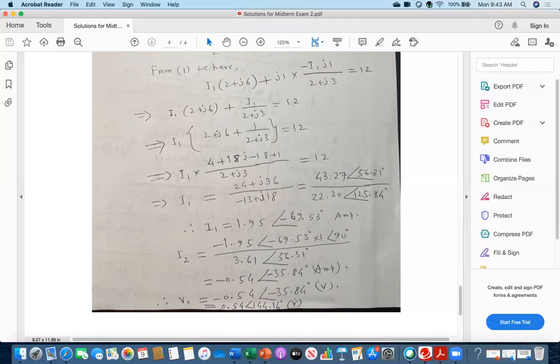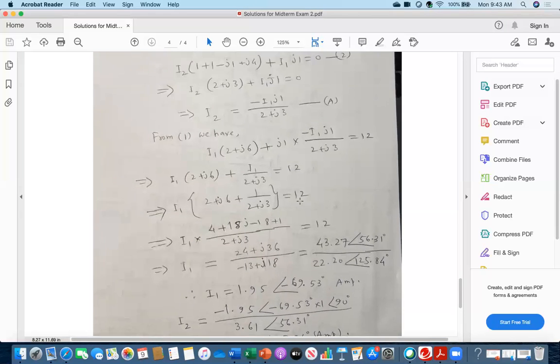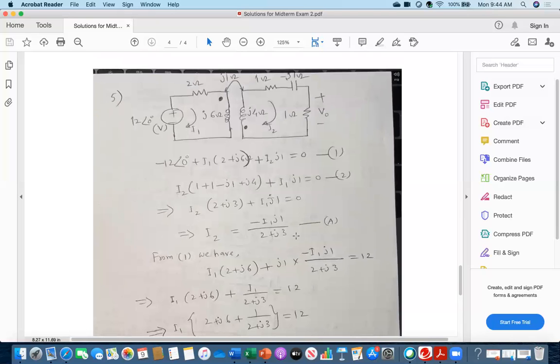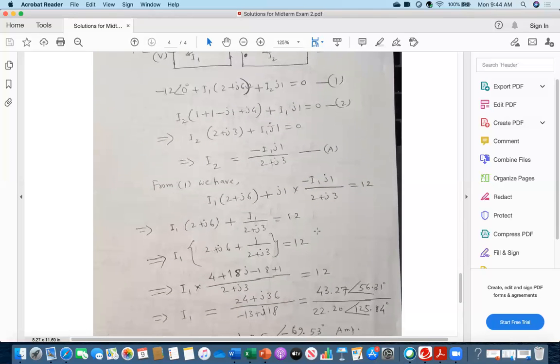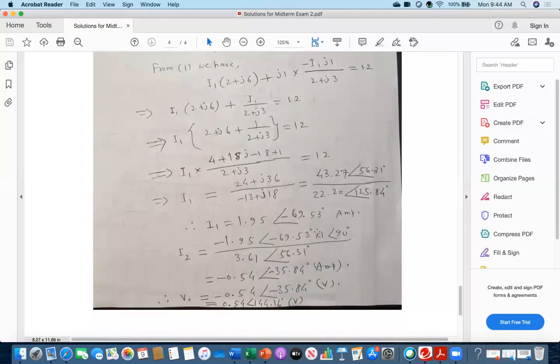Did you all get this result, this number? V0 final value 0.54 angle 44.16 degree volt. Is everybody fine with this one? I just got the angle for the current one, and it looks like I was off on the I2, it is different.